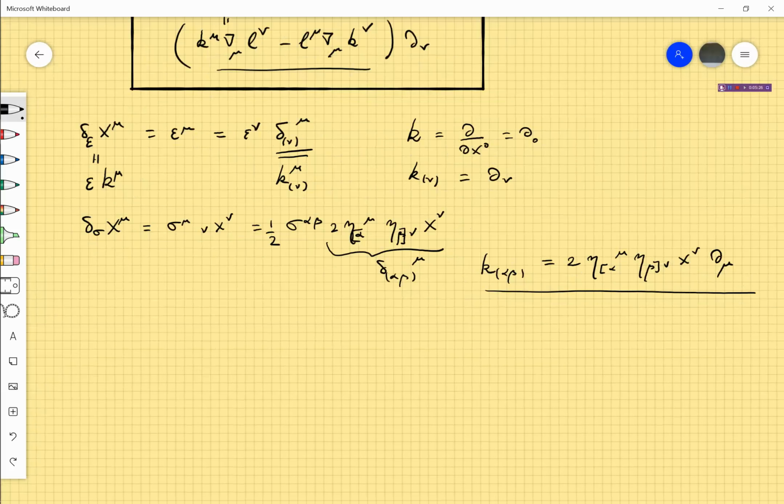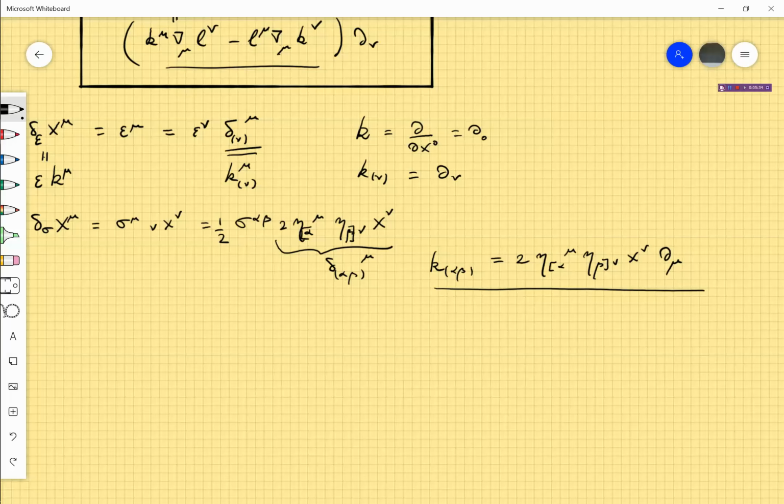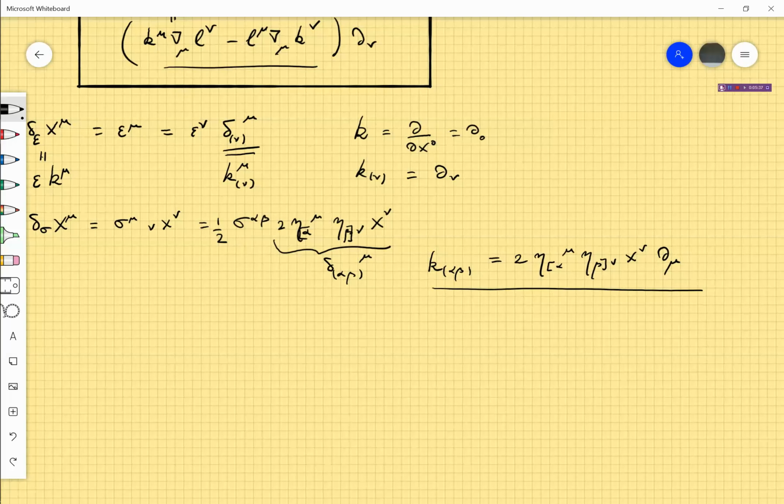So we know at least this. We also know one thing: no matter how complicated each of these Killing vectors is, there exists a change of coordinates such that, pick one of them, for instance 0, 1, which corresponds to some boost in the direction 1, a Lorentz boost.